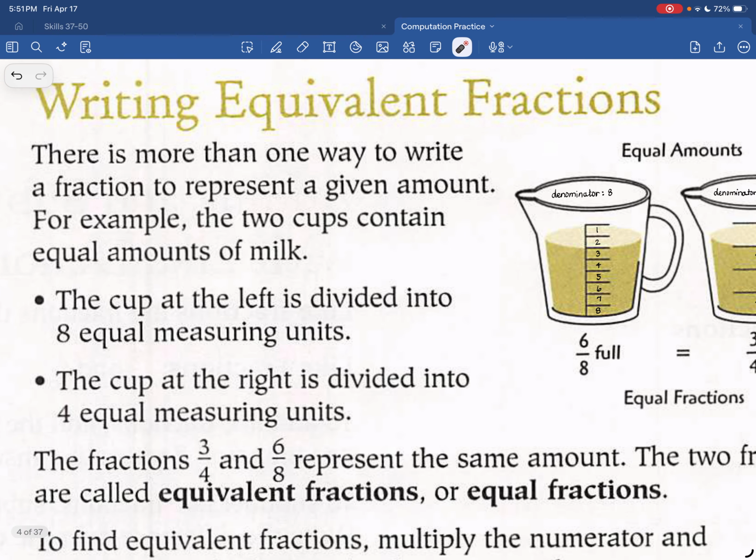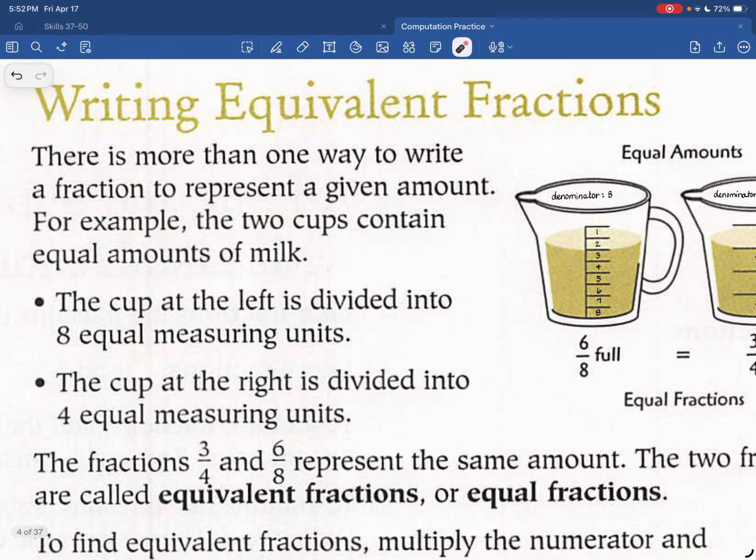There is more than one way to write a fraction to represent a given amount. For example, the 2 cups contain equal amounts of milk. That does not look like milk to me, but that's beside the point. The cup at the left is divided into 8 equal sections or measuring units.